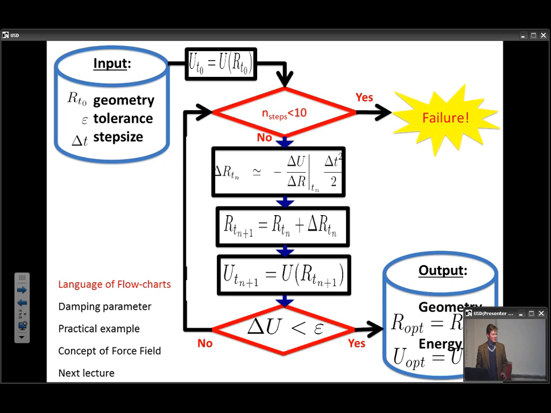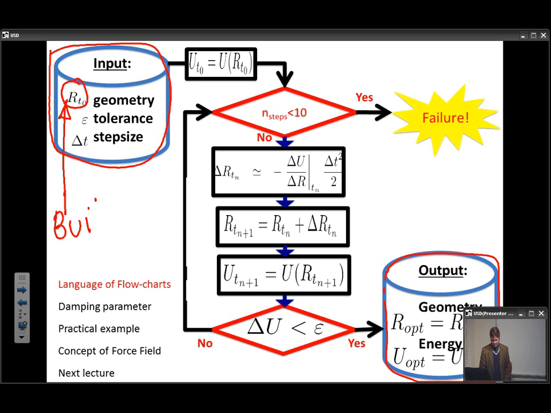So most important for a simple user, if you're not interested in what is inside, we need to know what we put as an input and what we get as an output. So as an input, we need to provide initial geometry at the initial step. And it is exactly what we do when we are practicing the building of atomic models.